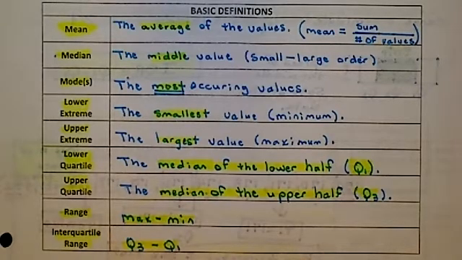The upper quartile is the median of the upper half of the data, which is called Q3. The range is your max minus your min. And if you're looking at an interquartile range, it's going to be your Q3 minus your Q1.